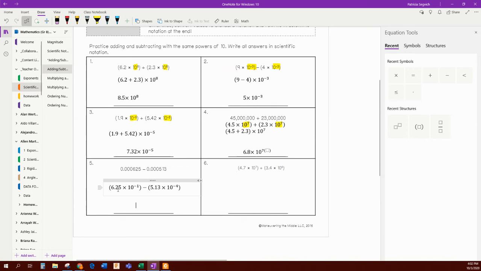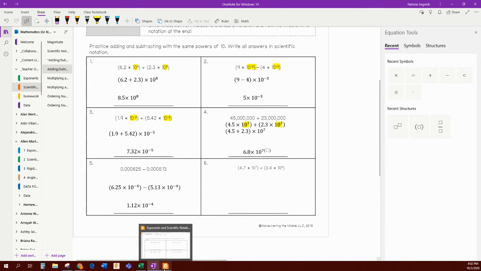So 6 and 25 hundredths minus 5 and 13 hundredths is going to be 1 and 12 hundredths. Oh, I forgot, it should have been a negative 4 here. Sorry, I made a mistake. This is all going to be times 10 to the negative 4.